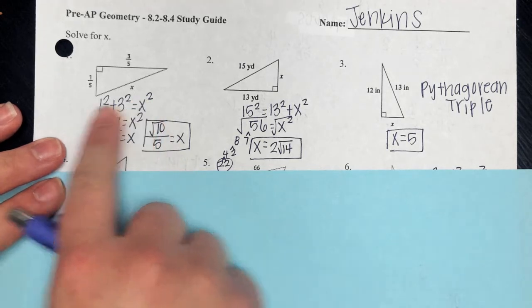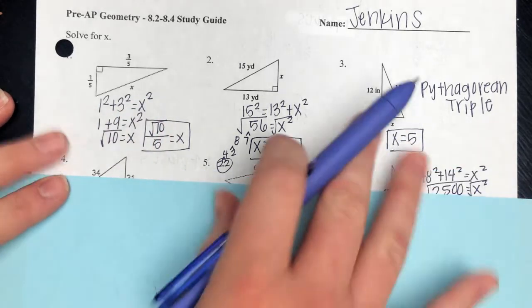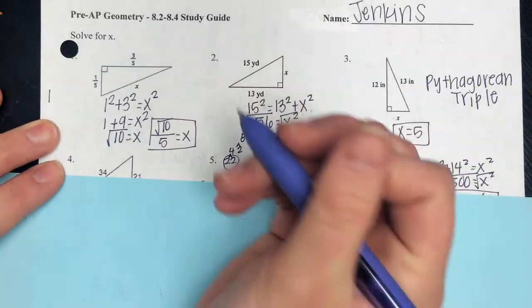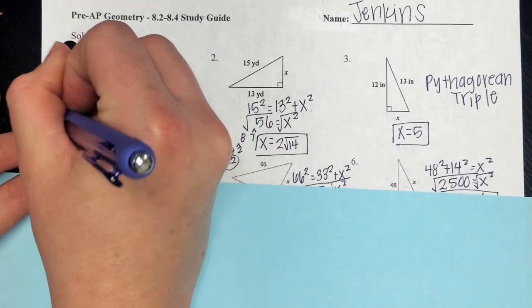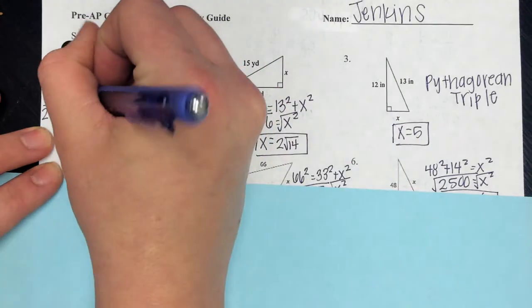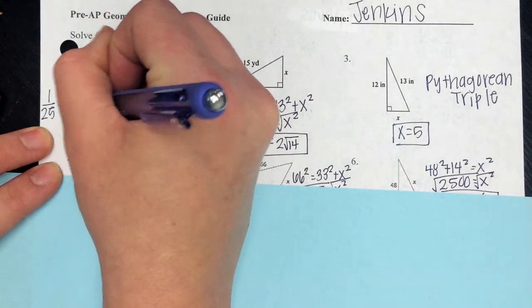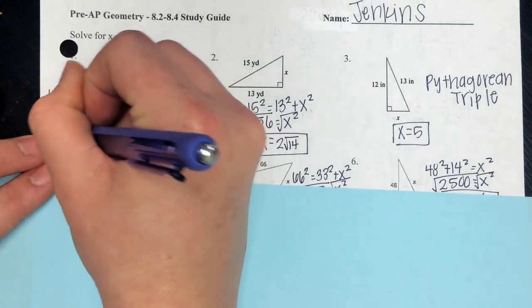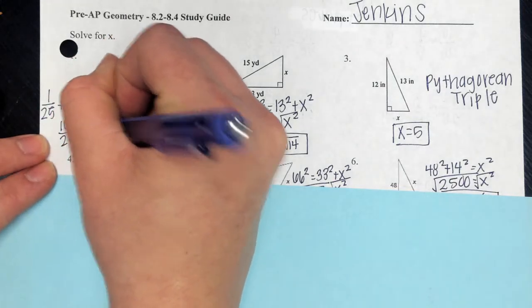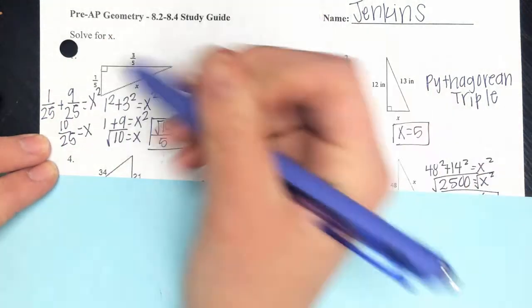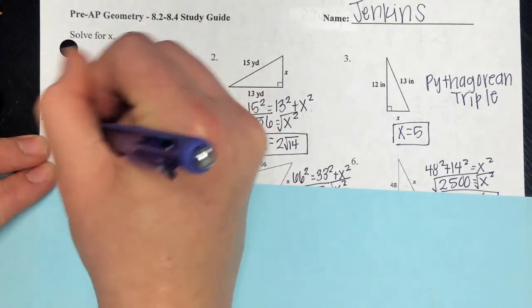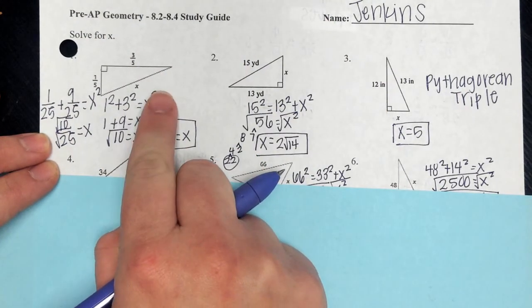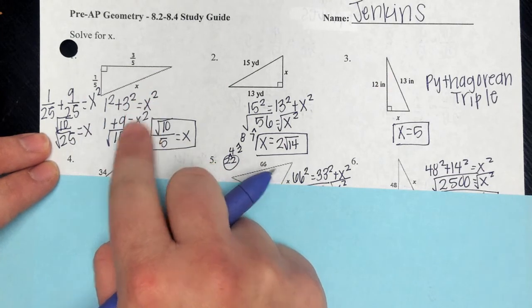If you did the same thing, but you had 5, you would do 1 squared, which is 1, 5 squared, which is 25, 3 squared, which is 9, 5 squared, which is 25. And then you add those together, you get 10 divided by 25, and you take the square root, you get the same thing. The square root of 10 is just the square root of 10, and the square root of 25 is 5. So if you see that they have common denominators, you can just take the numerator and do the same thing.